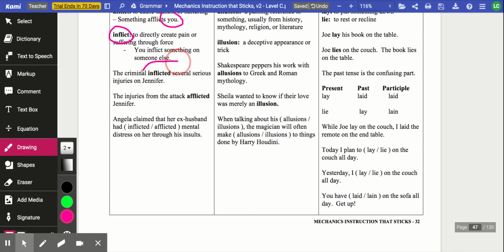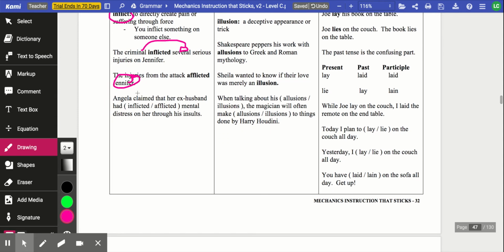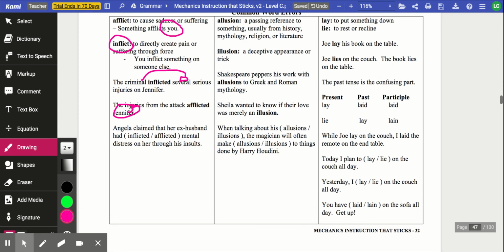So the criminal inflicted several serious injuries on Jen, okay? So that direct force, inflict. The injuries from the attack inflicted Jennifer, okay? So she was caused this pain from the injuries. Angela claimed that her husband had inflicted mental distress on her through his insults.